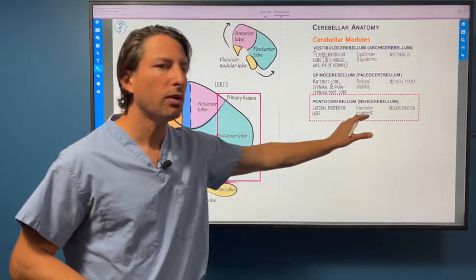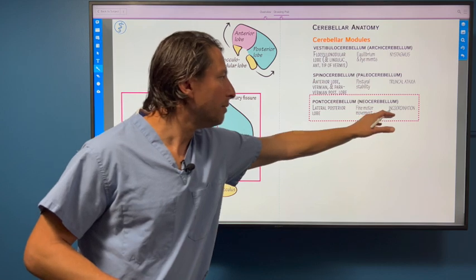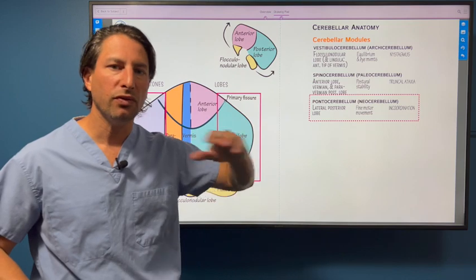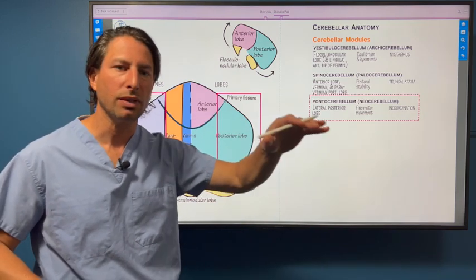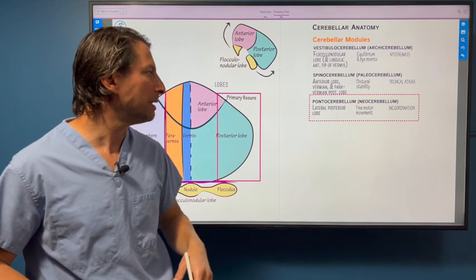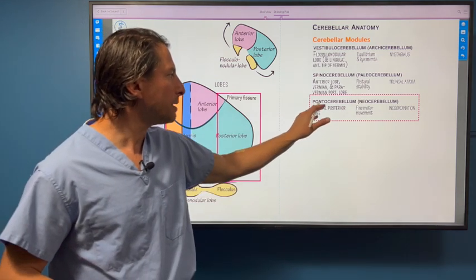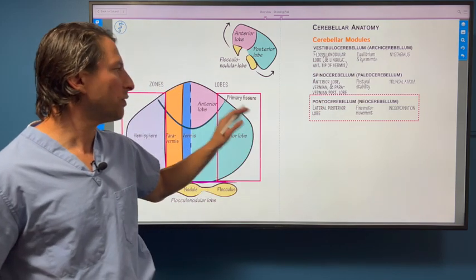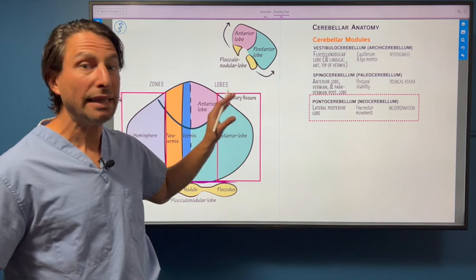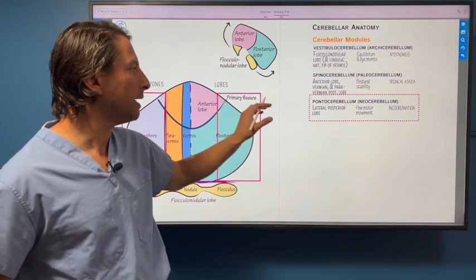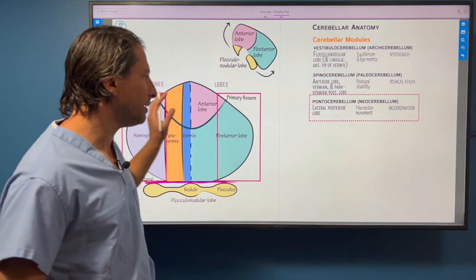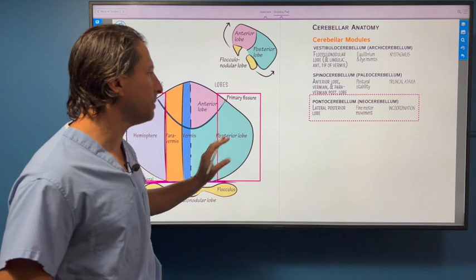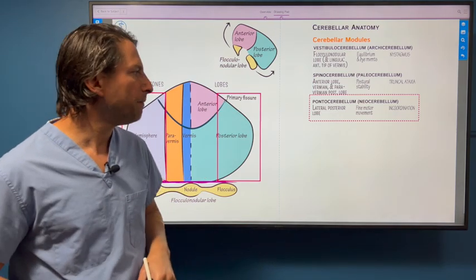It produces fine motor movement, and the main manifestation of injury is incoordination with an inability to do finger-to-nose testing on exam. There's a lot of ataxia with finger-to-nose testing. It gets this pontocerebellar name because its main afferent input is from the pons. So efferent motor innervation comes from the cerebral cortex, innervates the pons, and then the pons sends information to the cerebellum for modulation, which then the cerebellum sends out to CNS targets.